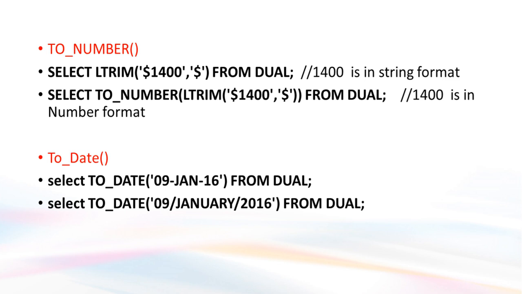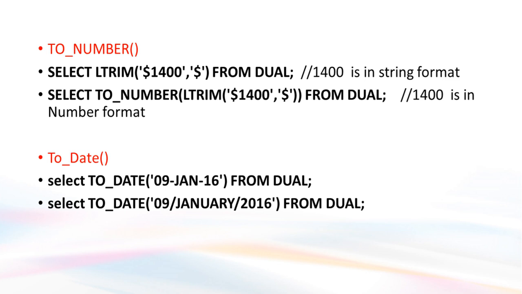So for that, if I say select LTRIM of '$1400' comma '$', what will happen now? LTRIM means left side, wherever the dollar appears, that will be removed, and this will return 1400. But still it is a string format. I cannot do any calculation on strings. So now I need to convert the string into numeric format.